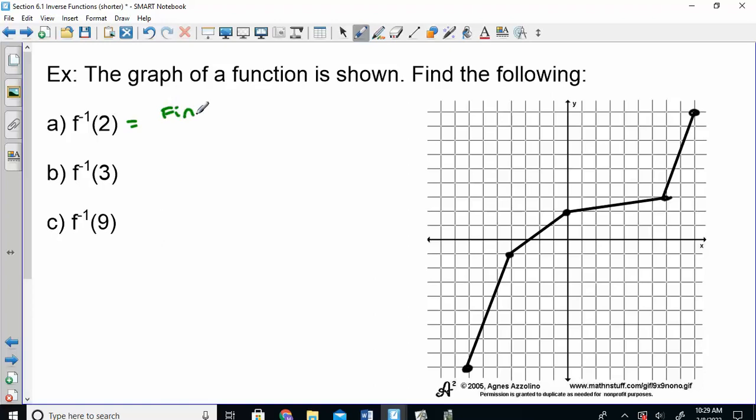So what I'm asking you is to find x when your y equals 2. So if I go to my graph, when y is 2 is right here. What's the x value? 0. So f inverse of 2 would be 0.